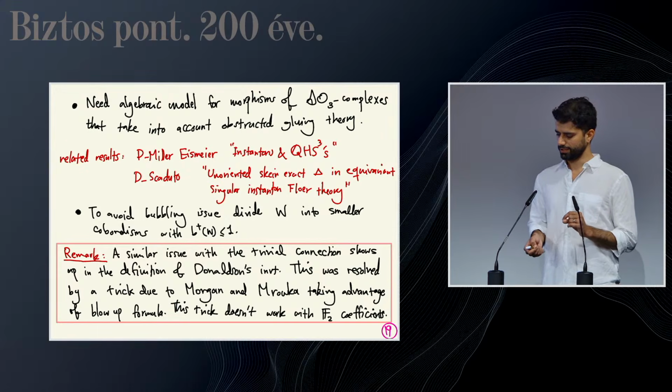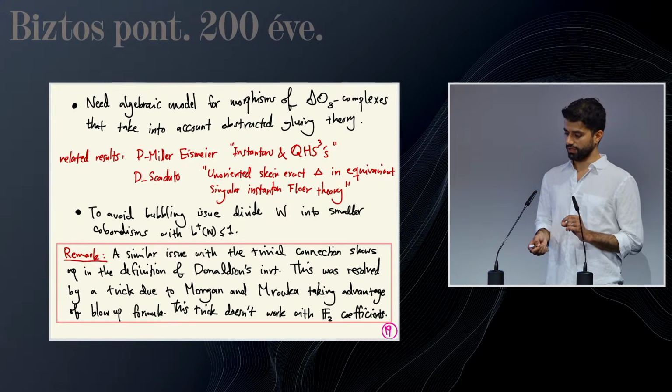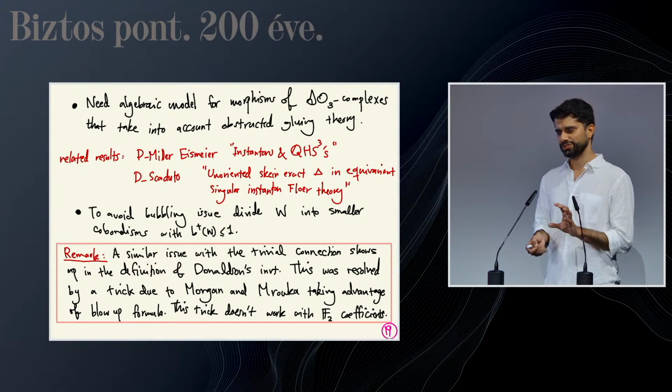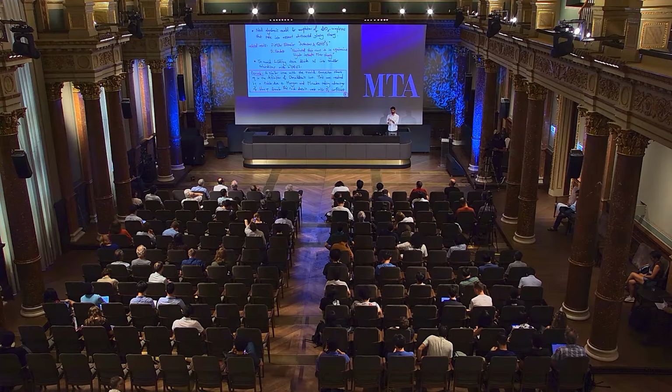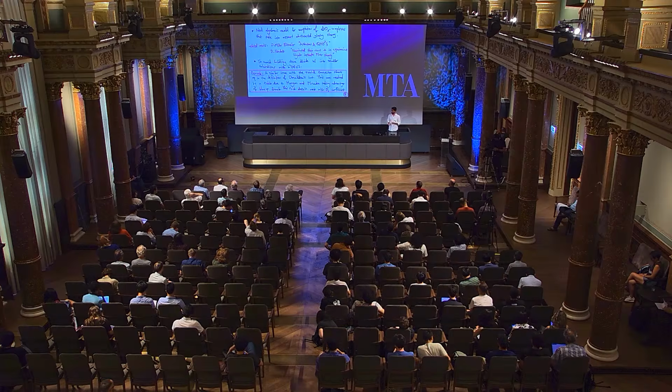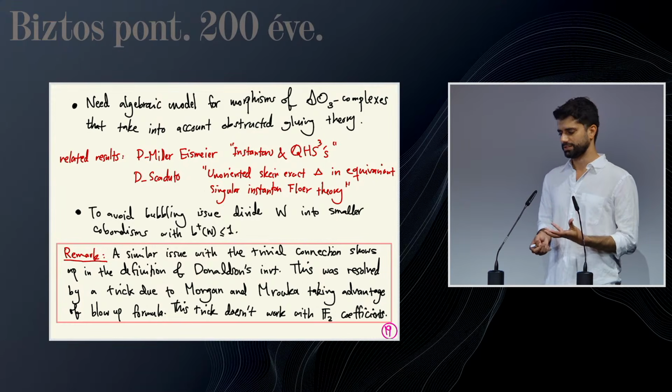in the original definition of Donaldson invariants. If you paid attention closely to one of Tom's slides, I think, either Tom's or Peter's slide, in Donaldson's original paper, he defined Donaldson invariants with some constraint on the degree of your Donaldson polynomial. The issue comes from something similar.